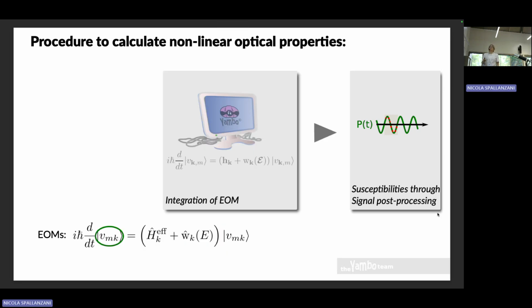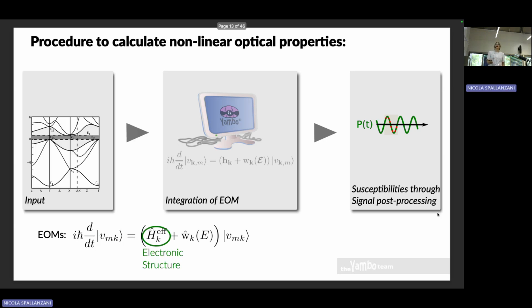So what we do in Yambo is integrate the equation for these coherent Bloch states, and I will discuss the effective Hamiltonian later. What we need to input to Yambo, first of all, is the electronic structure that we need to set up the effective Hamiltonian, and then the field.